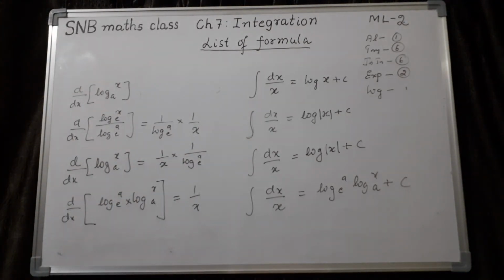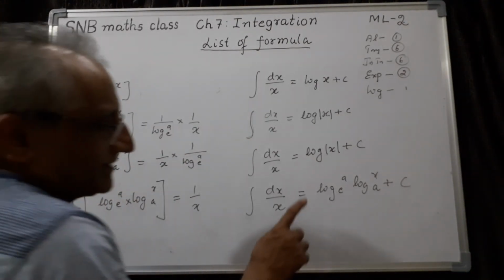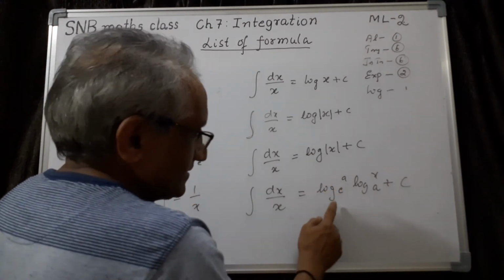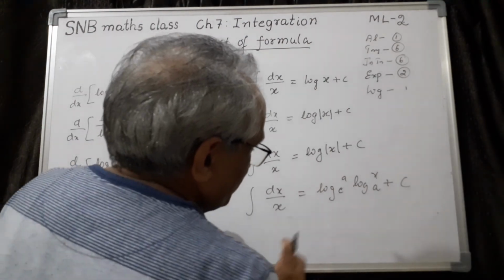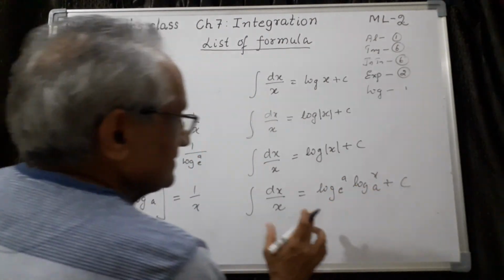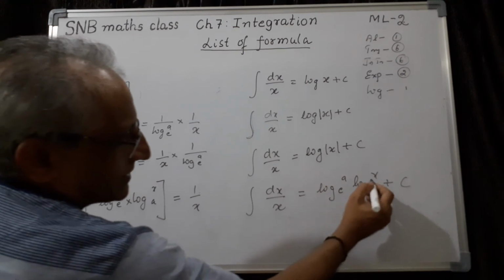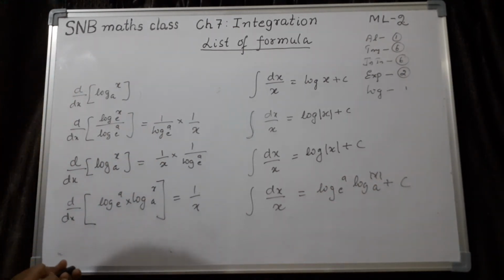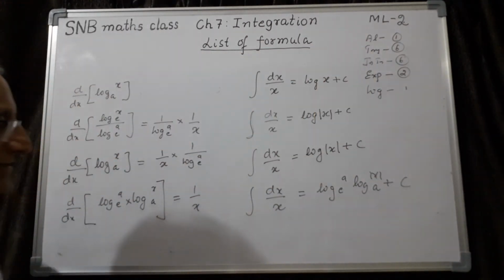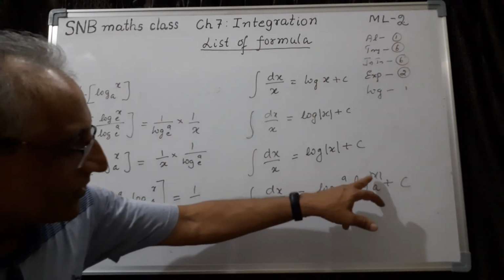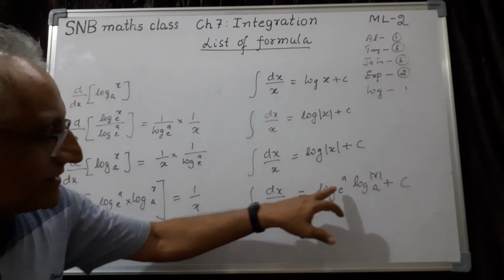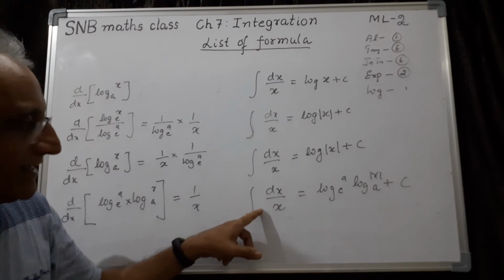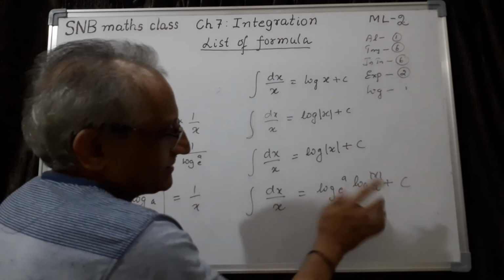But see once again, suppose you take a equal to e, so what happens? This will be e only, so you get the same formula, log x. So the condition is of course mod you have to put, because x can be positive or negative. But here one advantage is only one formula you have to remember, because whenever a equals e, you will get this formula only, because it is not depending on a or anything.